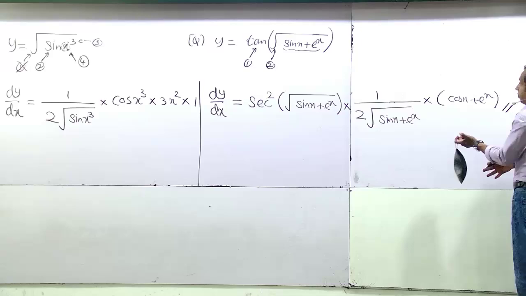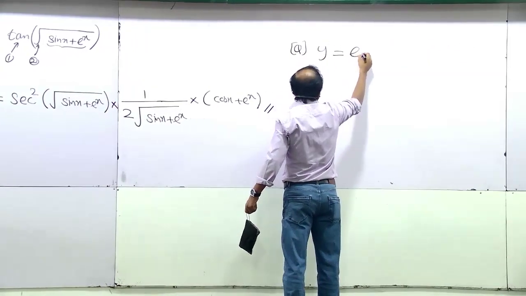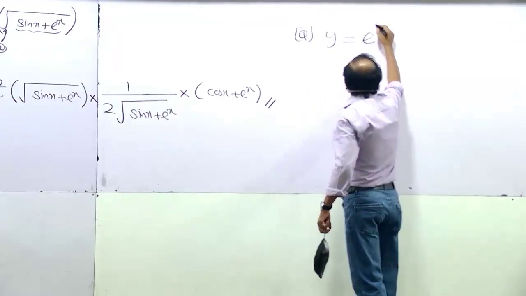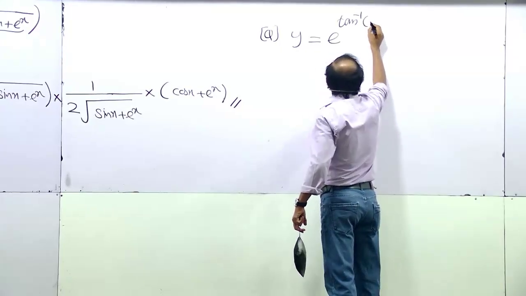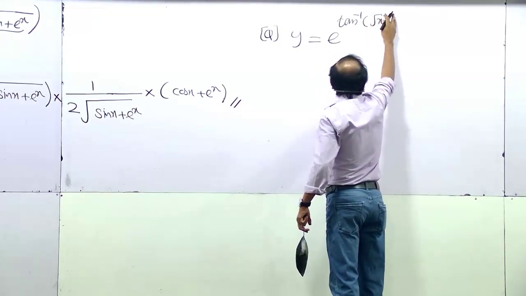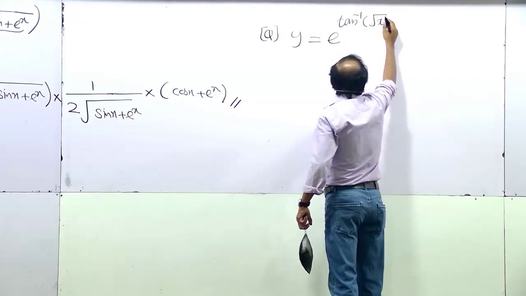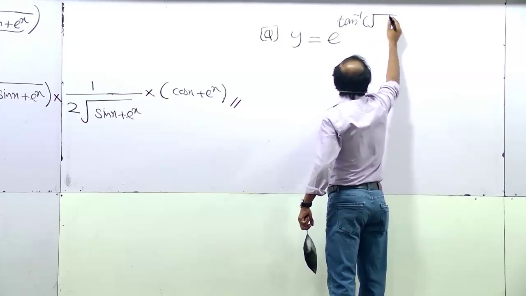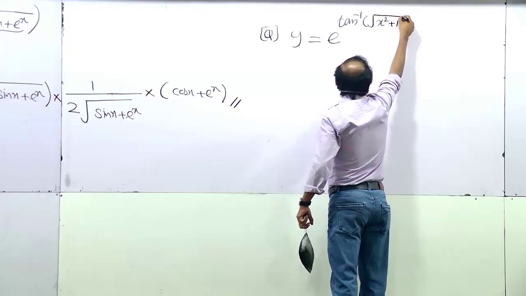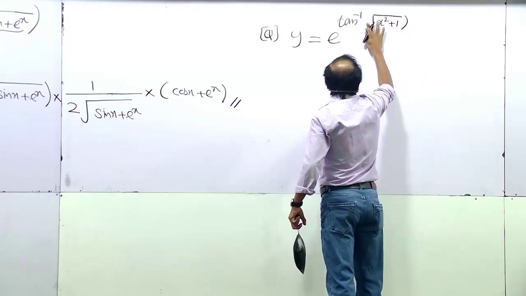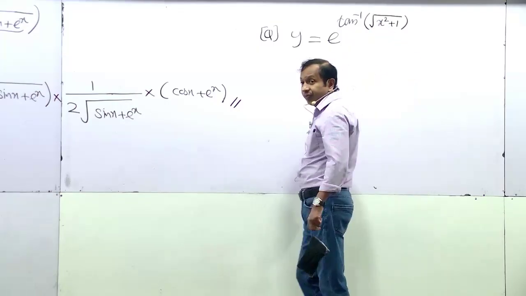Okay, now the next one. y equals e to the power tan inverse root x squared plus 1. Take this.